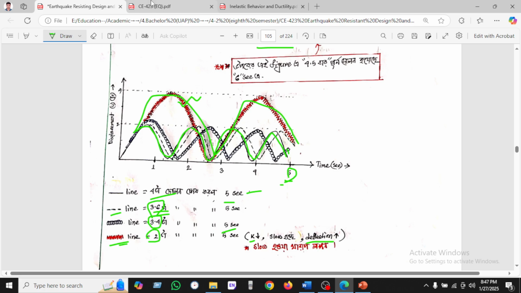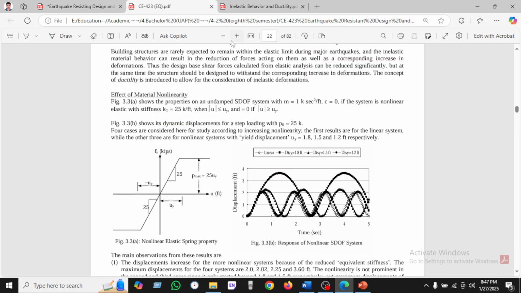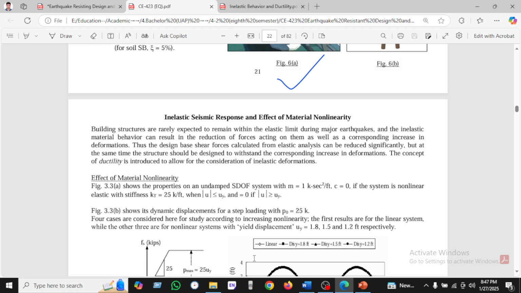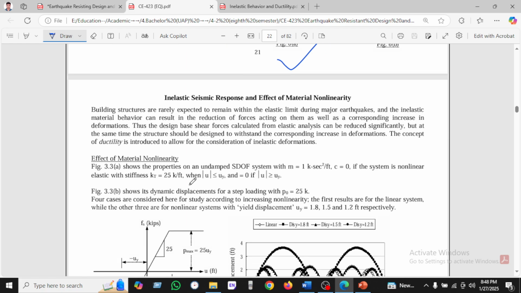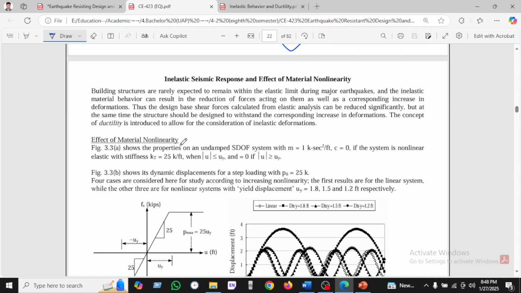Here we have extracted an example from a prominent professor, Dr. Iftikar sir, University of Asia Pacific. He gives an example showing the effect of material nonlinearity.